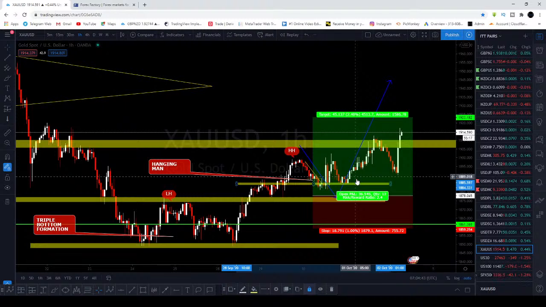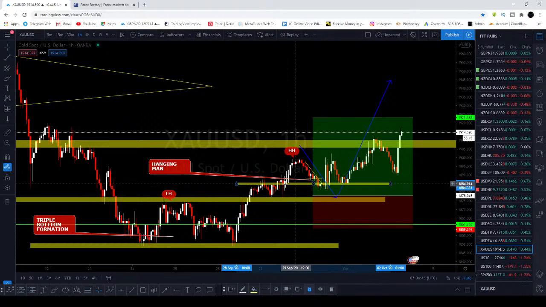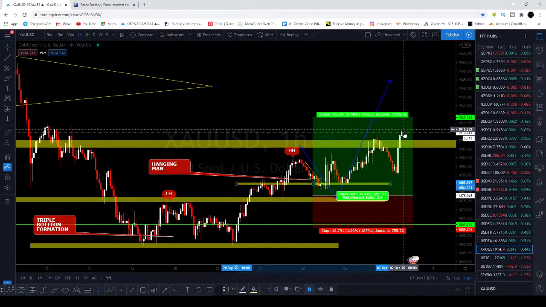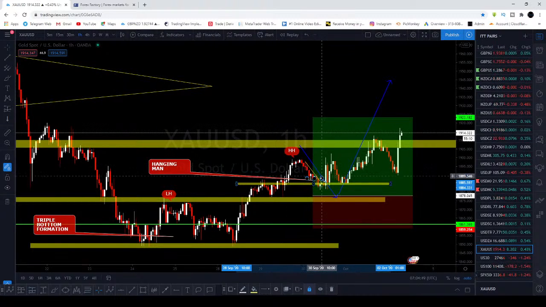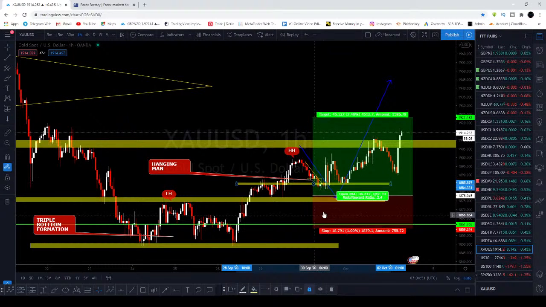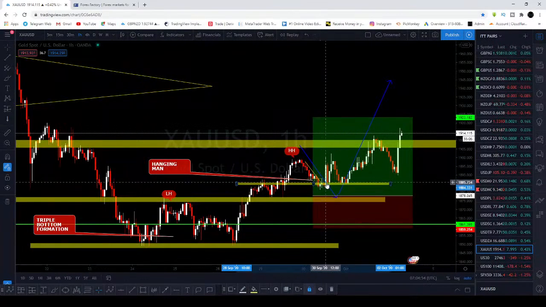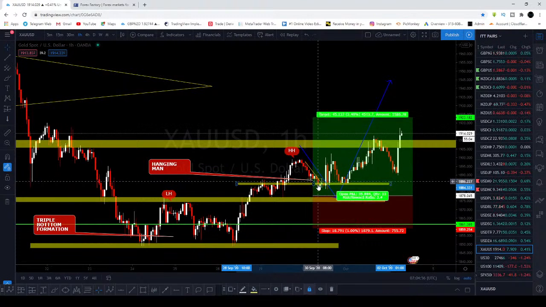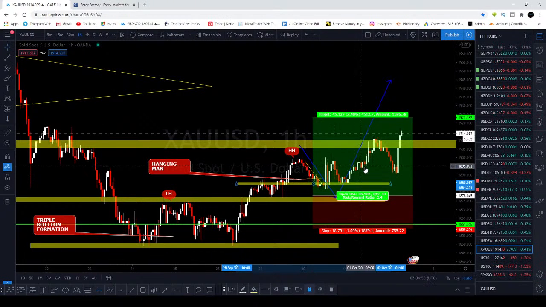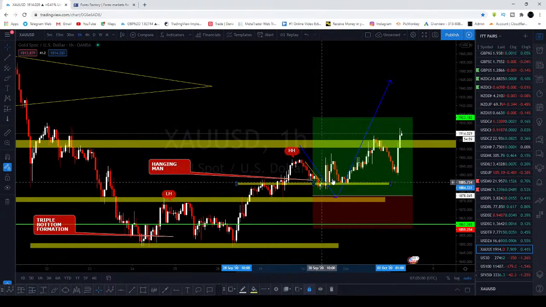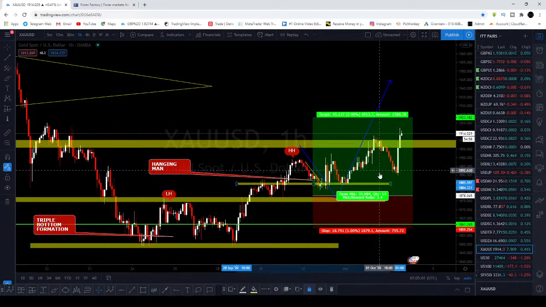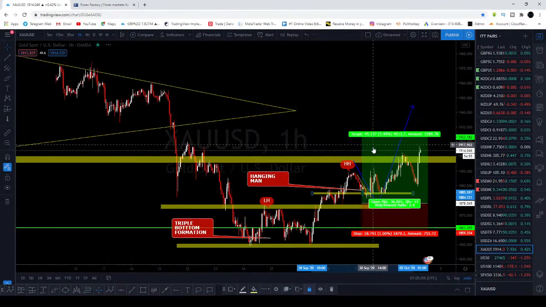So gold decided to buy off this particular support. And if you go and check our previous session, you will see that this is where we started the analysis. All of these candles hadn't formed by then, and as you can see right now, it is buying, right?